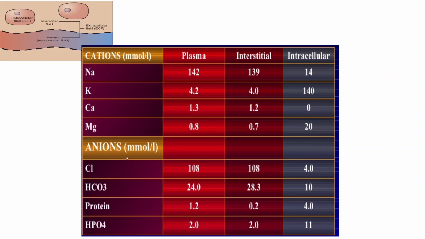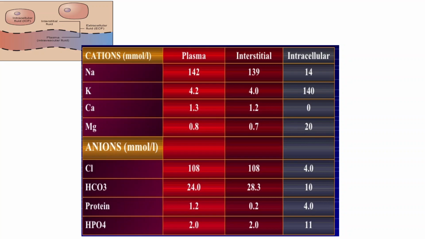Whereas the anions, the negatively charged ions, are mainly chloride, bicarbonate, and phosphates to a certain extent. Protein also acts as a negatively charged material. It's not an electrolyte in that sense, but it helps in maintenance of the fluid and electrolyte balance.